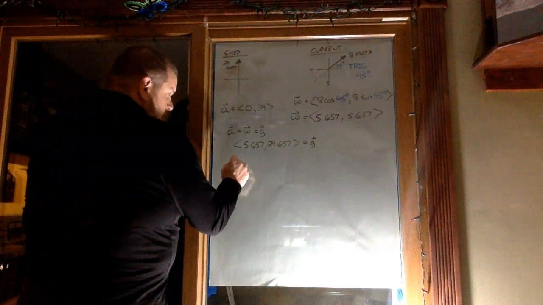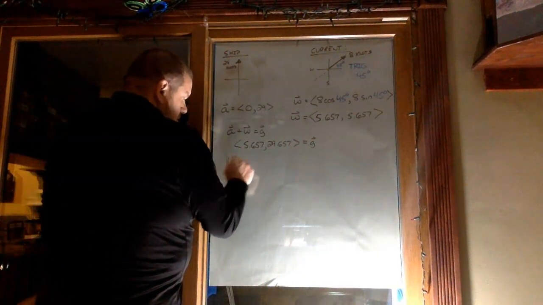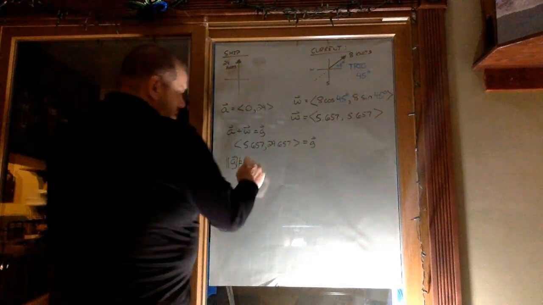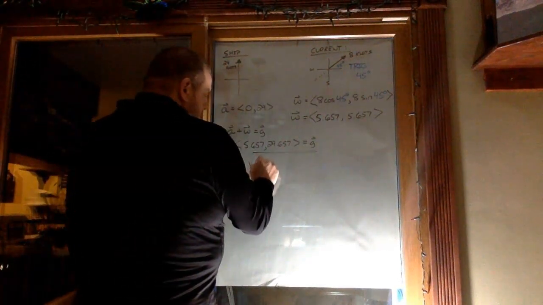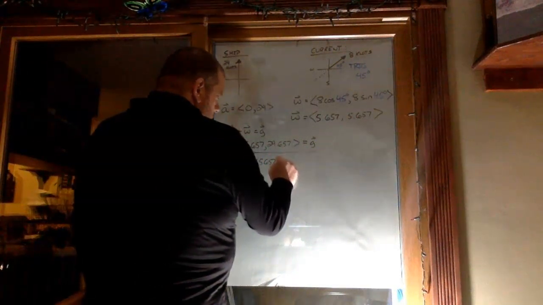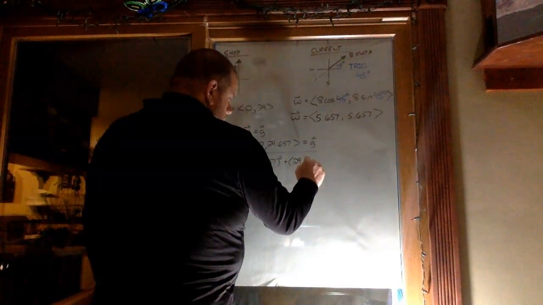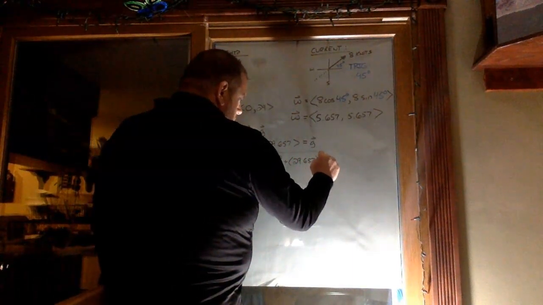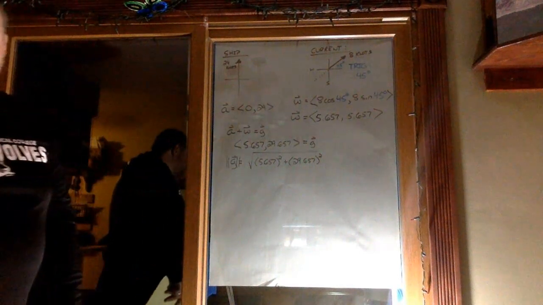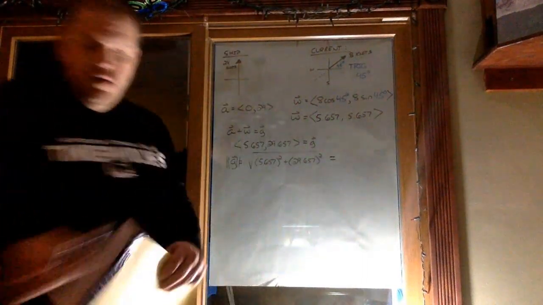Now I need to find the magnitude of G, the square root of the horizontal component squared plus the vertical component squared, which gives me a speed.